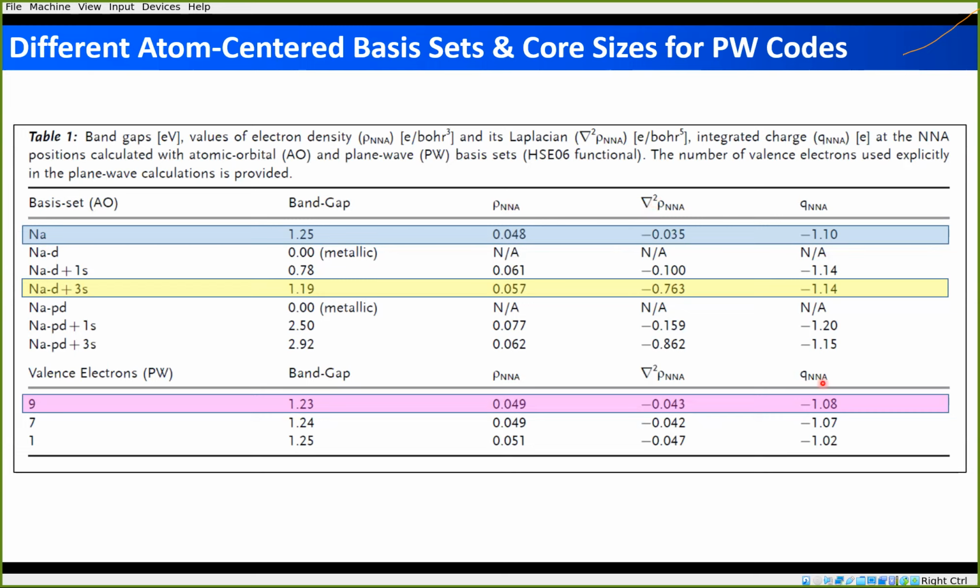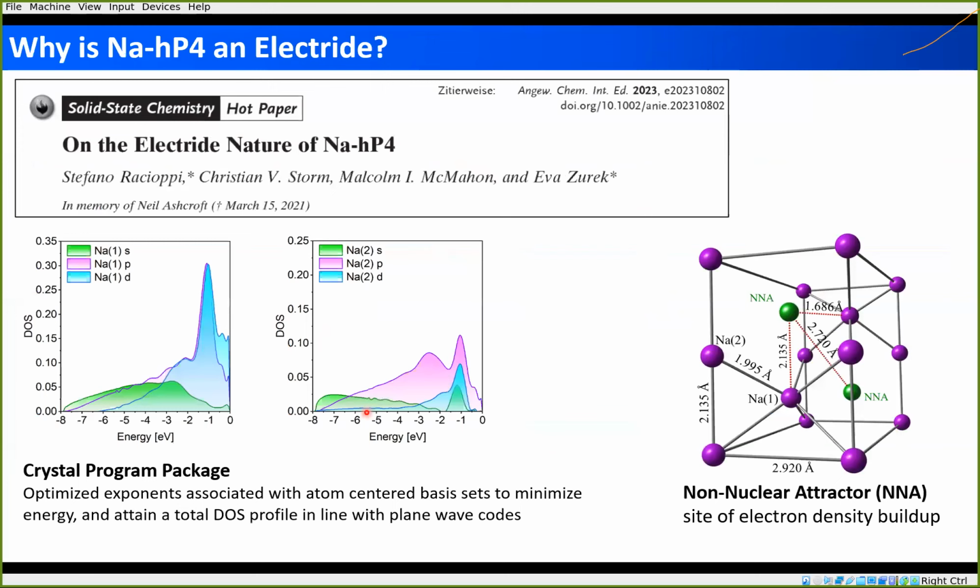And we can compare it with what we would get using plane wave VASP calculations. And we see that indeed we get quite good agreement between this atom-centered basis and what one would get with VASP. And then we start to think about, are there other ways that we could potentially describe this electron density? For example, by putting some sort of an s-type function right here.